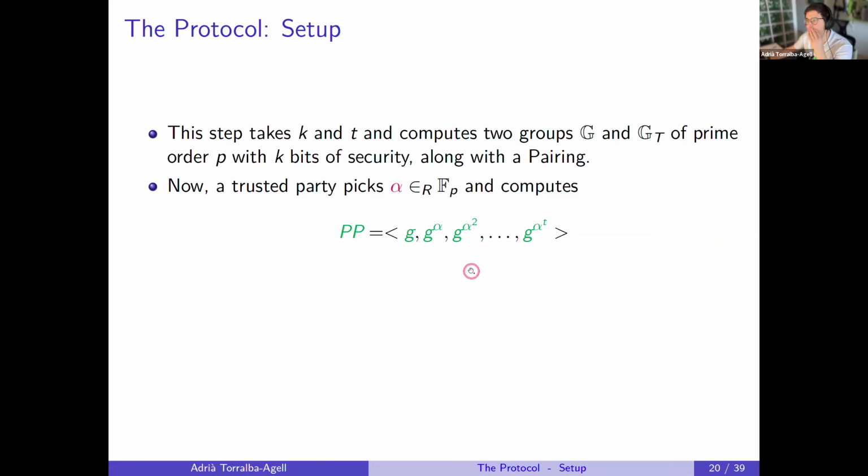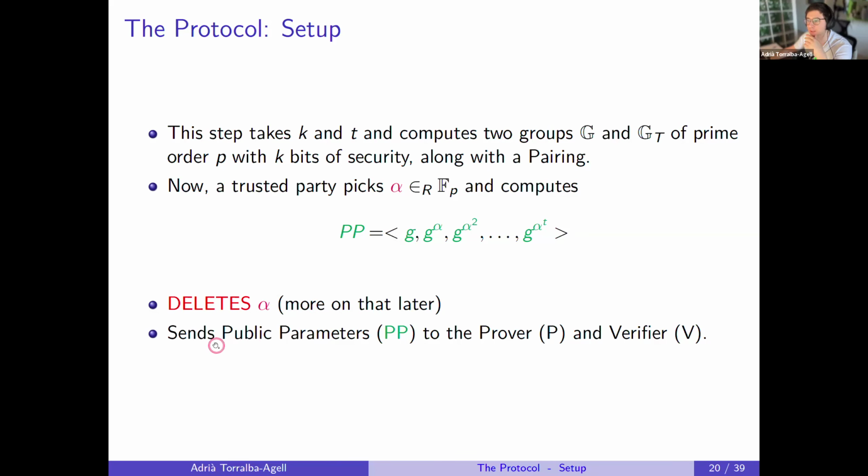Okay. After that, it is really, really important and crucial, vital, that this trusted party deletes alpha. And I will say more on that later. Okay. And with this, we send the public parameters PP to the prover and to the verifier. Okay. So far we have three actors.